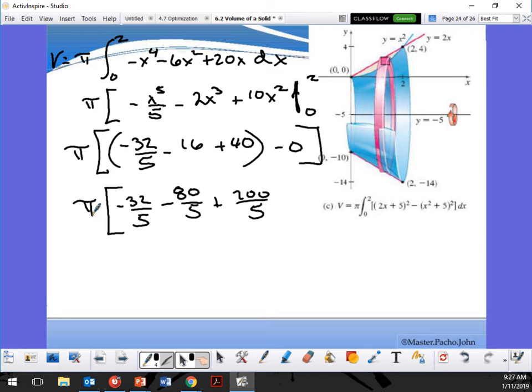And that is going to be positive 120 minus 32 is 88. So it's 88 over 5 pi units cubed. I think so. You guys could double check that for me.